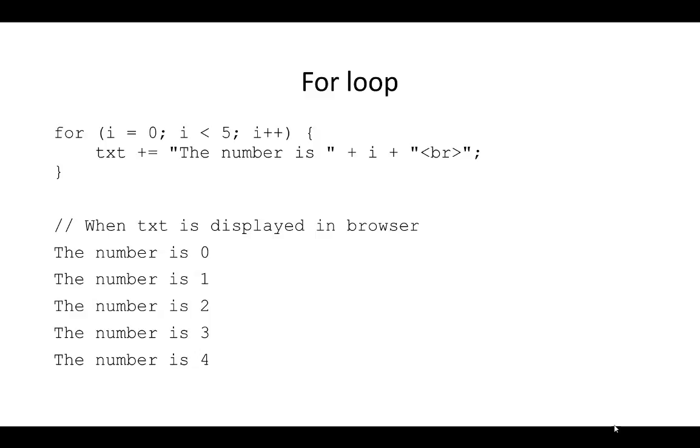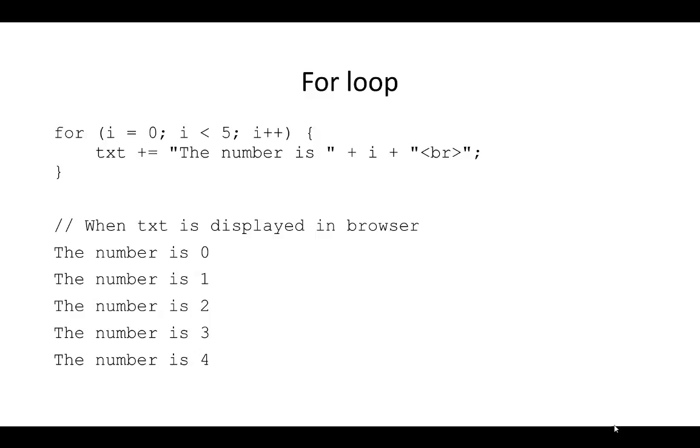The plus and equals means take the value that's in my text variable and add this to that, concatenate this string into this text. And we're going to print to the screen.